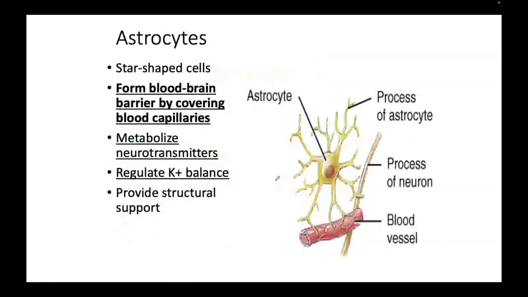So let's look at what some of their functions are. The astrocyte: astronomer, astrology, astronaut, right? They all go to outer space, stars. So astro means star, and it's named by its shape. If you look, here's the process of a neuron.